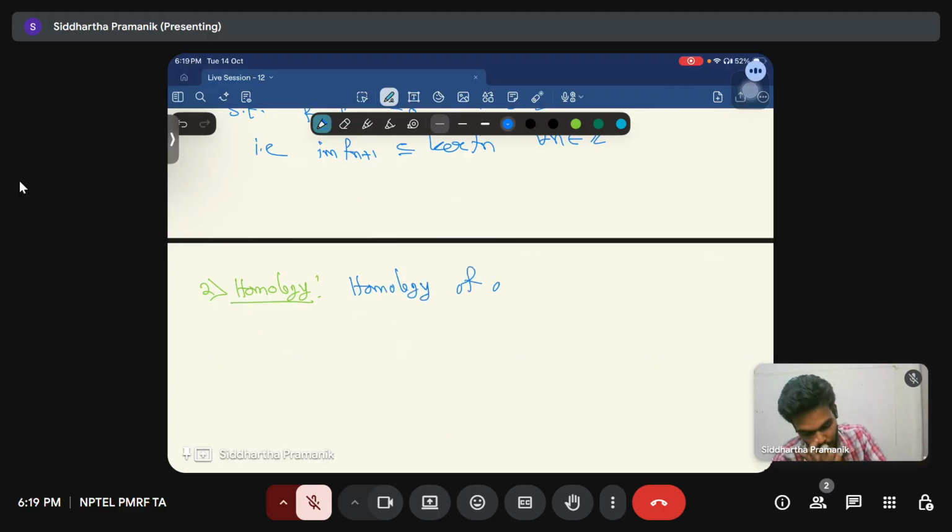Homology of a complex, again I will denote it by f dot, is denoted by h dot f dot.